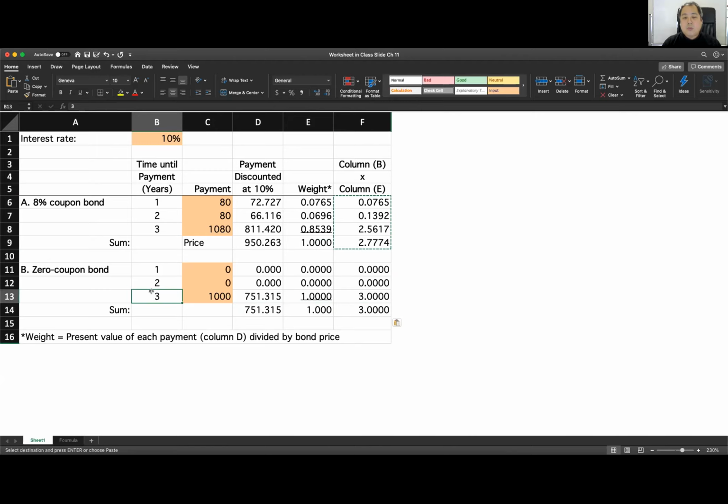So the maximum duration is its own maturity, and that happens only for a zero coupon bond. Okay, so that's how to calculate the duration using the spreadsheet.